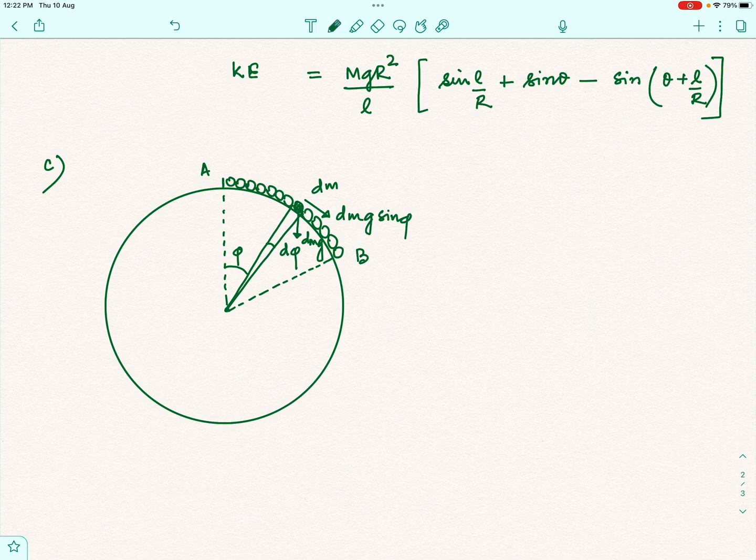See that carefully. This angle here will also come out to be phi, so that the other angle will be 90 minus phi. So, this component along the tangent of the gravitational force will actually be the sine component.